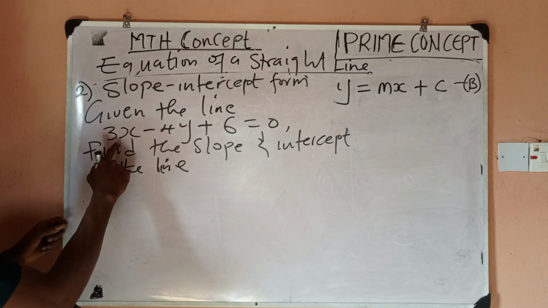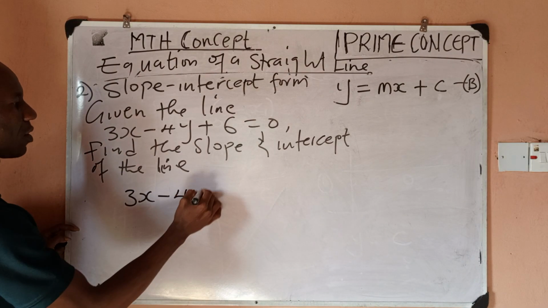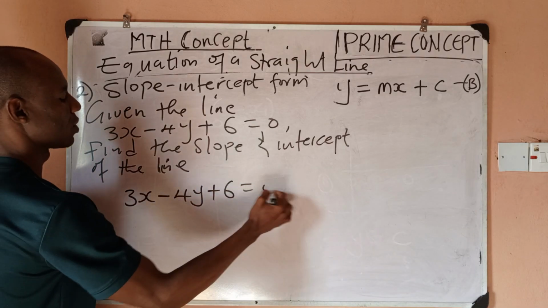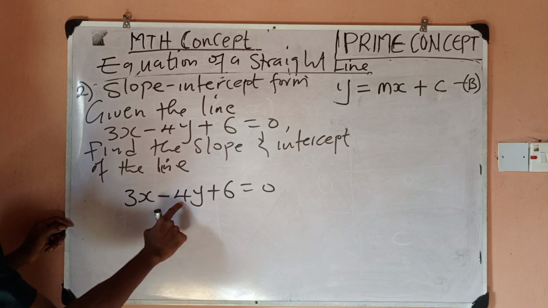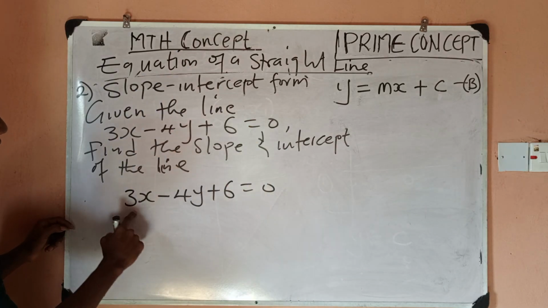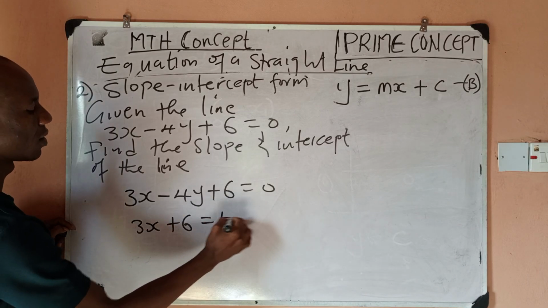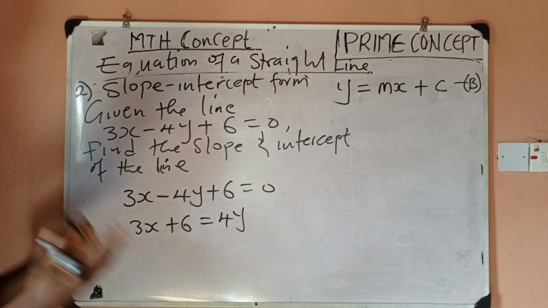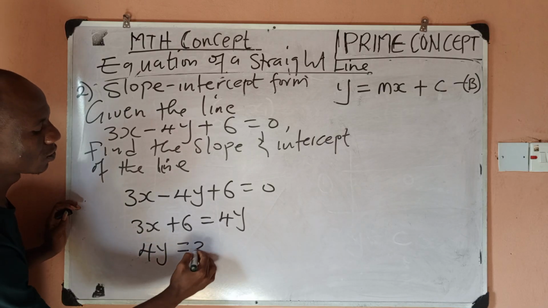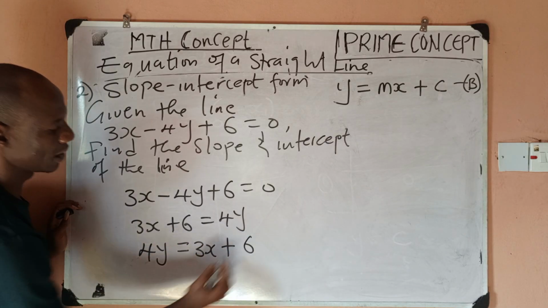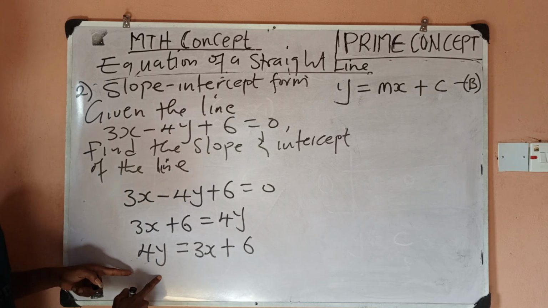So let's do that. We have 3x minus 4y plus 6 equals 0. So what I'm going to do is I'm going to move minus 4y to this side. So on this side I would have 3x plus 6 equals what? 4y. So that I can rewrite this by saying 4y is equal to 3x plus 6. I hope this is clear to you. Yes. So what am I going to do to make y the subject?